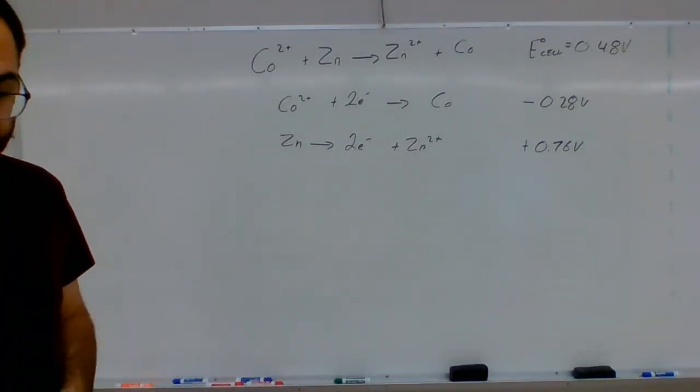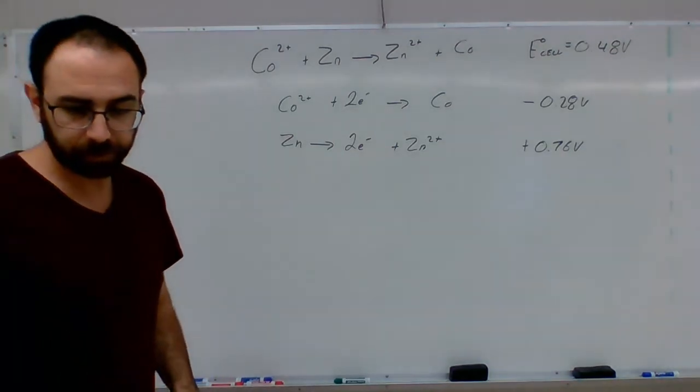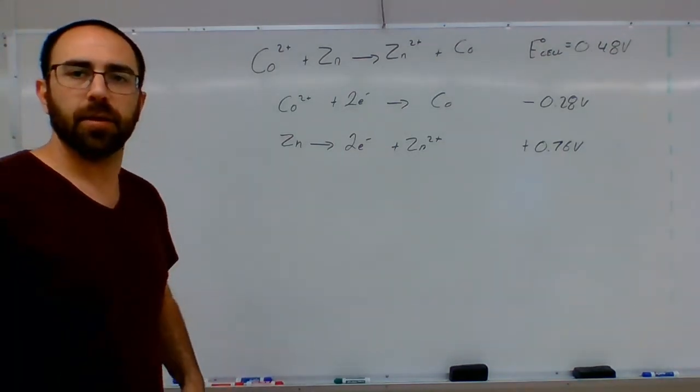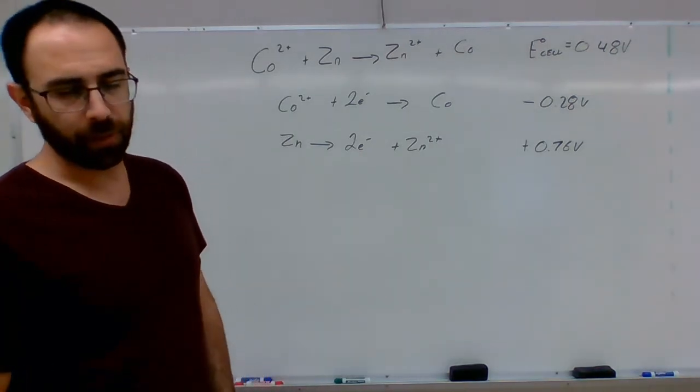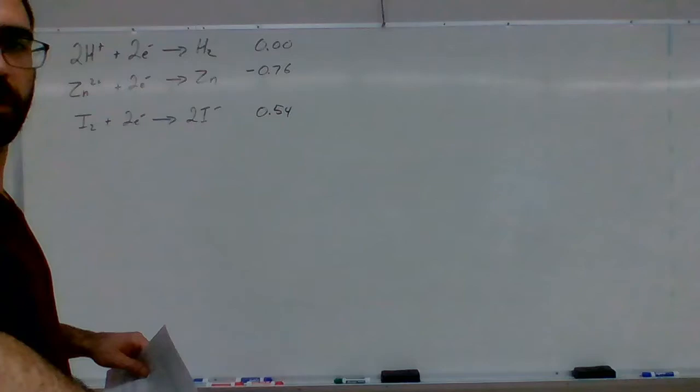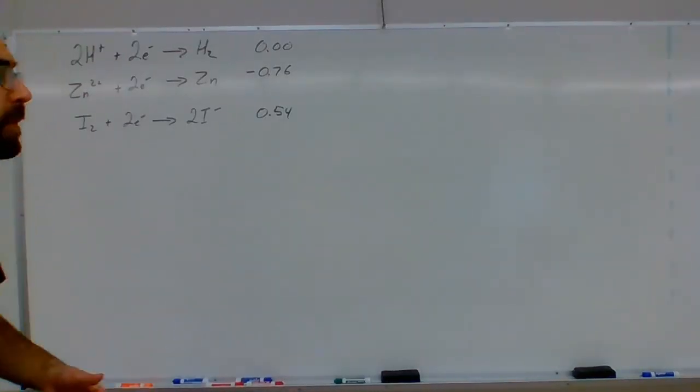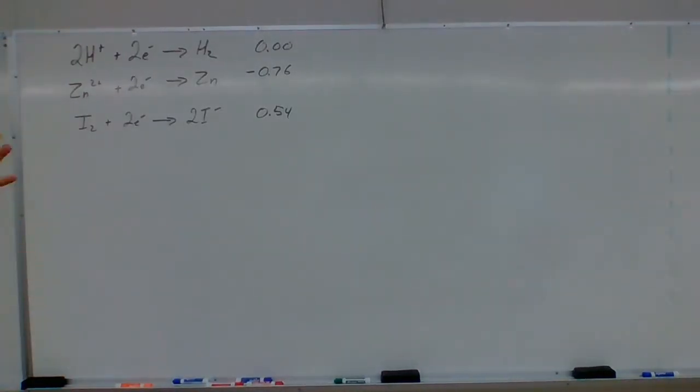Let's take a look at a situation where we would have multiple possible choices to figure out a preferred reaction. All right, so for this example, we're going to look at these three potential reactions here, and this is our multiple options example, and we want to find out what is going to be our spontaneous reactions and what is going to be our preferred reactions.